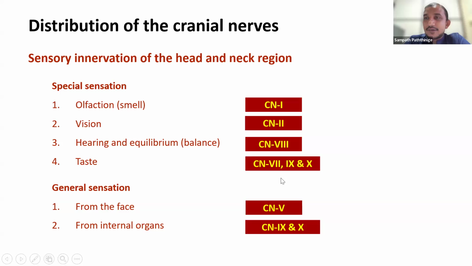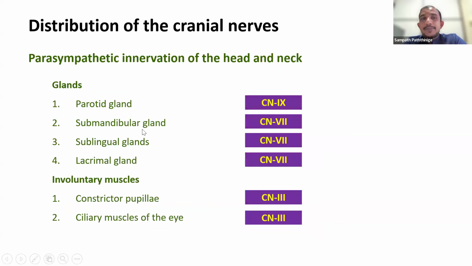The general sensation of the face is from the trigeminal nerve, and from the internal organs it is basically from the 9th and 10th nerves. Then the parasympathetic part: the parotid from the glossopharyngeal, submandibular and sublingual from the facial, and the lacrimal gland from the facial again. We have a lot of small glands in the nasal cavity and the palate, again from the facial nerve. Then the constrictor pupillae and the ciliary muscles of the eye through the oculomotor nerve. That generally summarizes the entire innervation of the head and neck region.